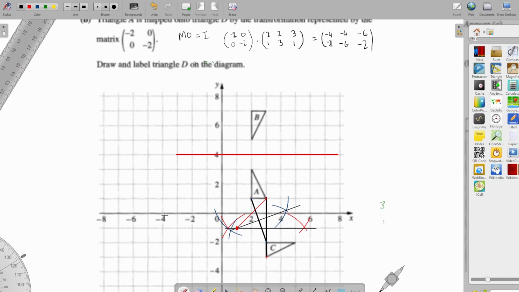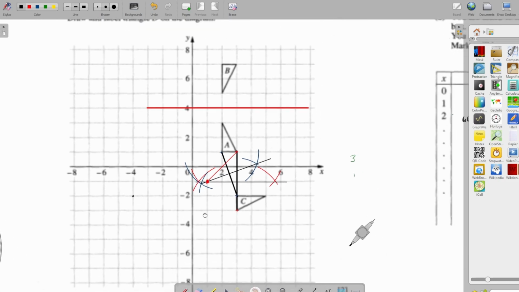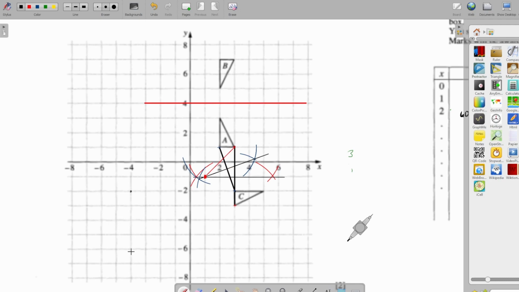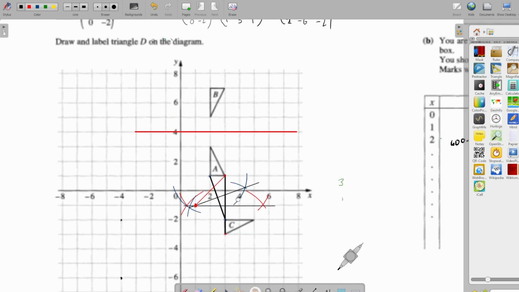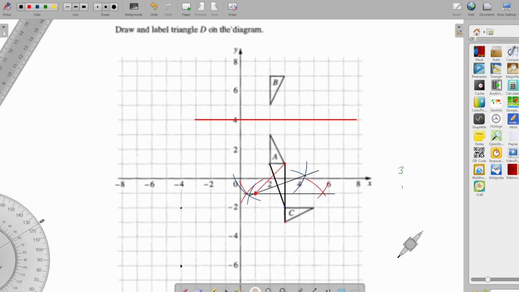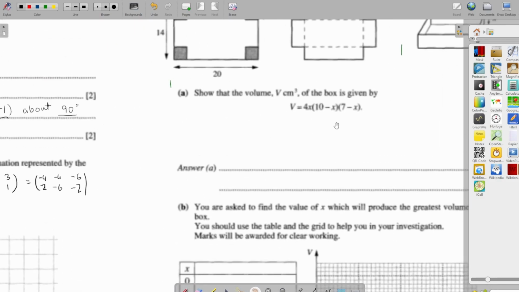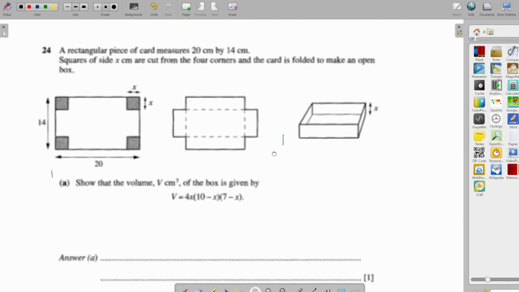We can do -4, -2, that's one spot, -4, -6, which is down here, and -6, -2, and we can connect these dots together as well as we can, and we have our D. All right, let's come to this final question.